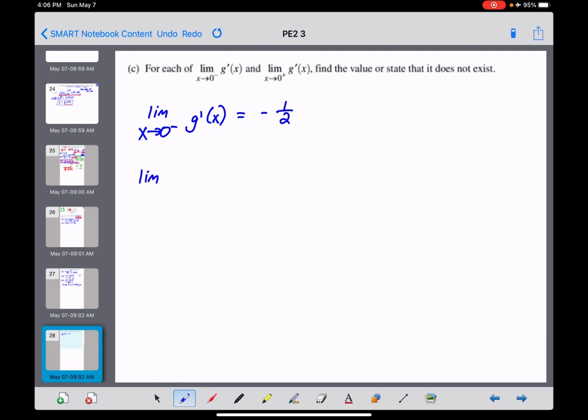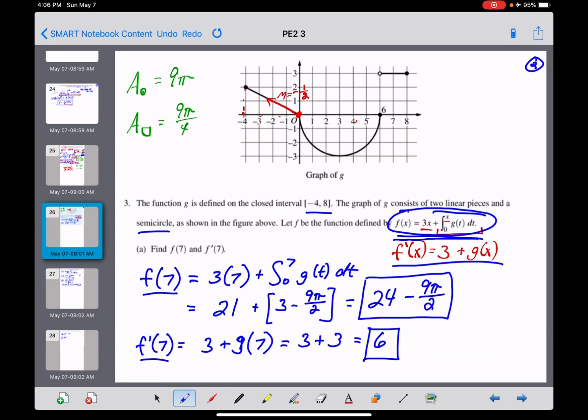Now this next question I found really interesting. Limit as x approaches 0 from the right of g prime of x. So when I went back to the graph here, I said, okay, now we're approaching this same value here of 0, but from the right and moving back to the left. So I got to thinking about the slopes of tangent rays at a couple of different points right here that were to the right of 0 and now are moving back to the left.